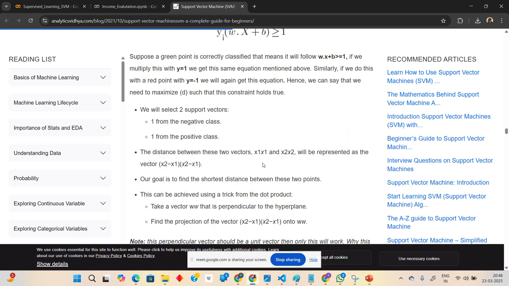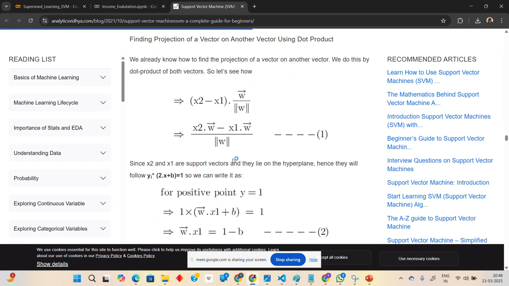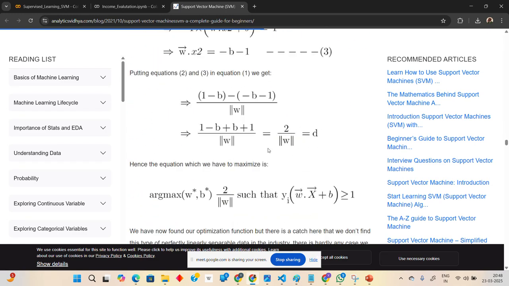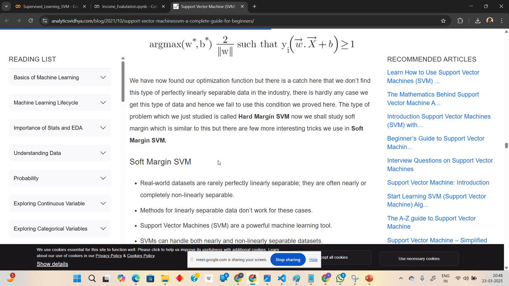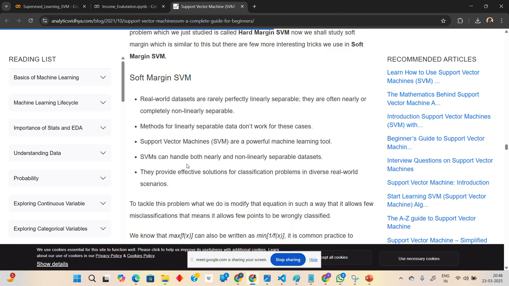With the help of that, if you go slowly down, ultimately you get 2 by mod w, which is the distance formula. This maximum is what you need. That is the ultimate goal of hard margin SVM. And you can also refer to the soft margin. Soft margin means real world data sets are rarely perfectly linearly separable, right?